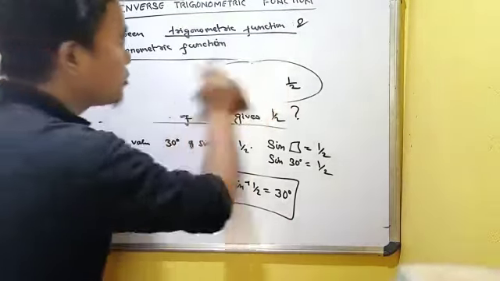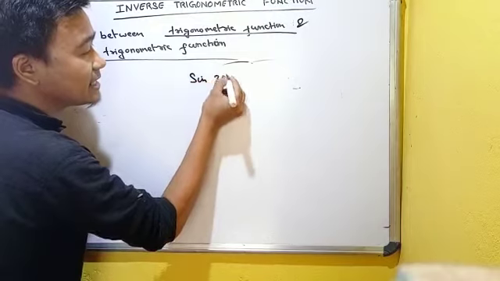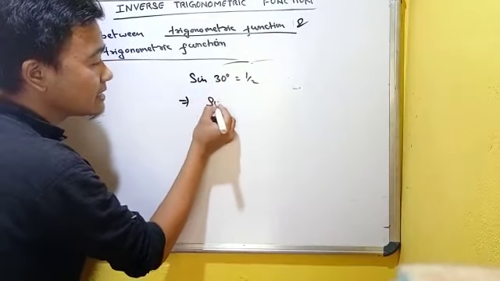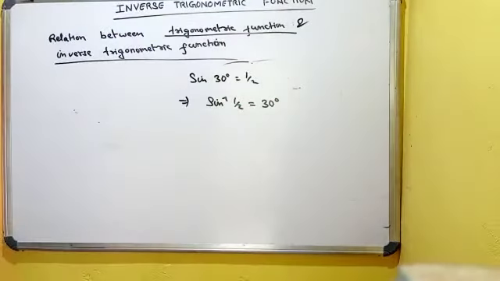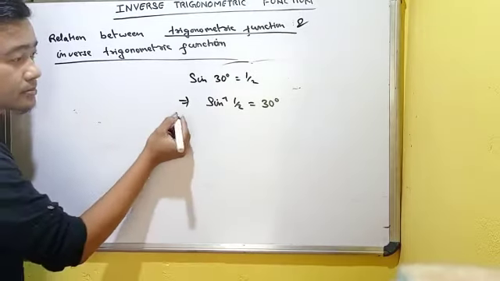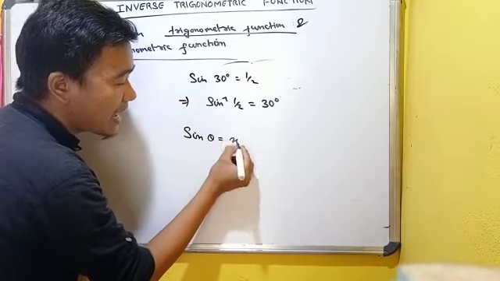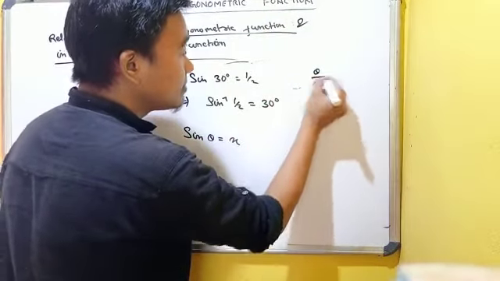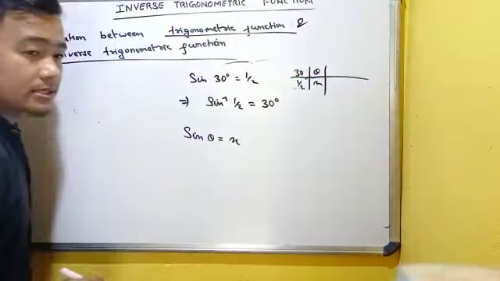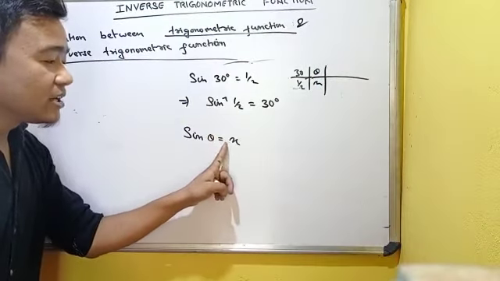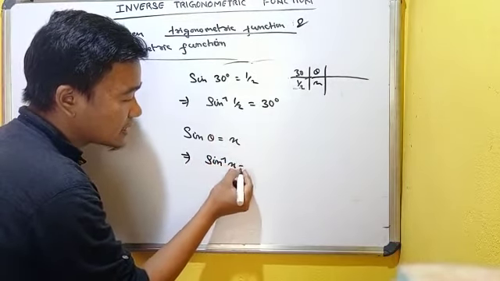From this example you got, if sine 30 degree is equal to half, then we can say that sine inverse half is equal to 30 degree. So in general, if the value of sine theta is equal to x, here I am replacing 30 degree by theta and half by x, then we can say that sine inverse x is equal to theta.